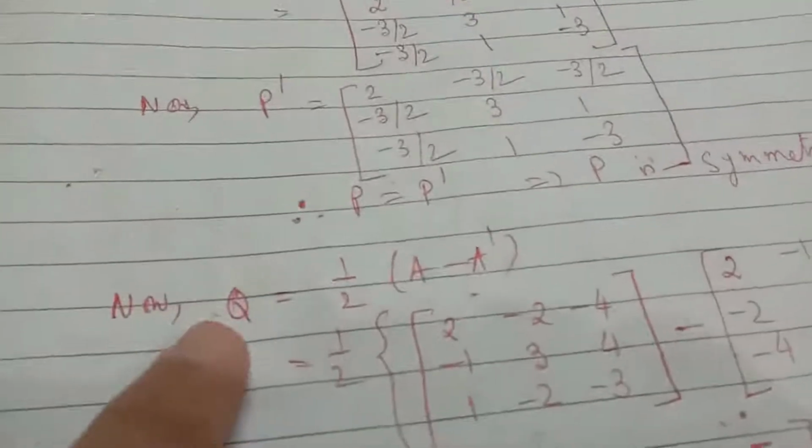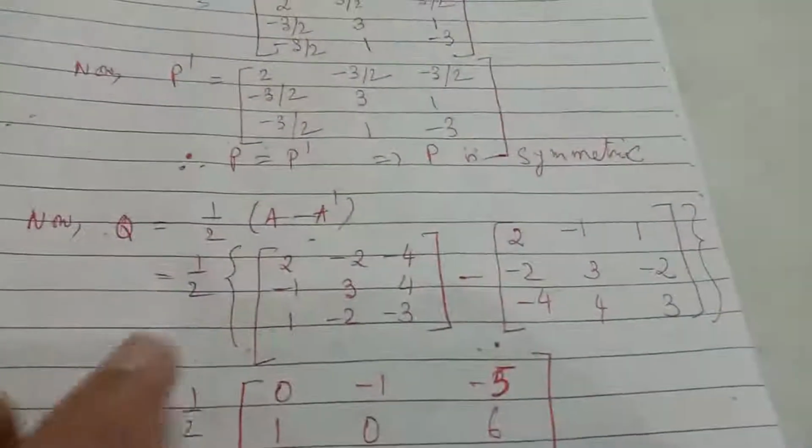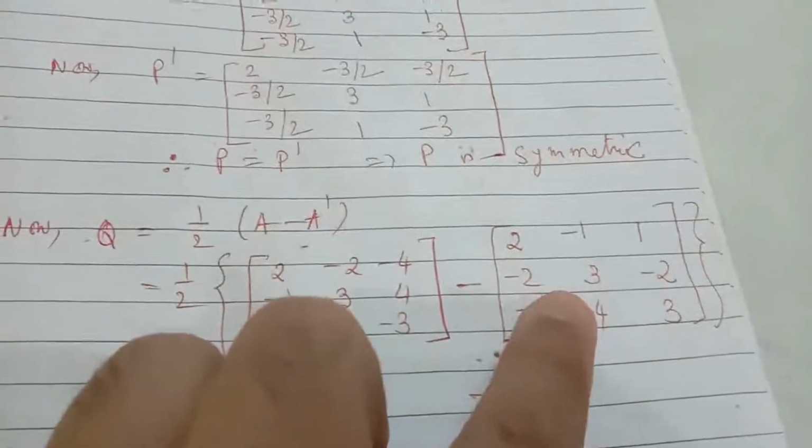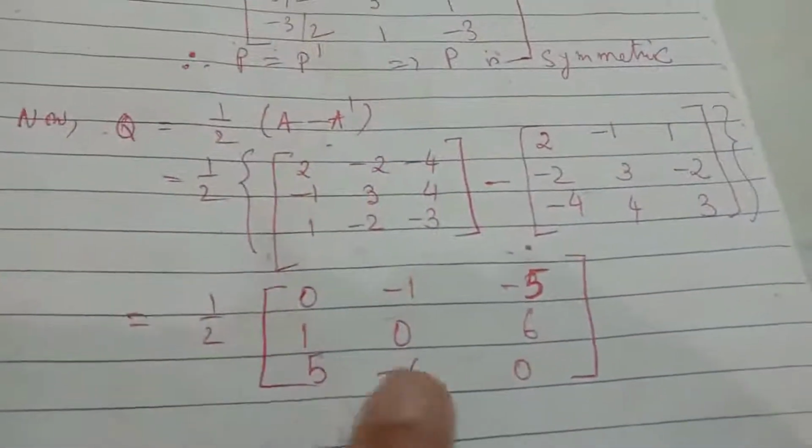Next, Q equal to half into A minus A dash. You can see here we have assumed half into A minus A dash equal to Q. This is our A, this is our A dash, and after simplification we get half into this.